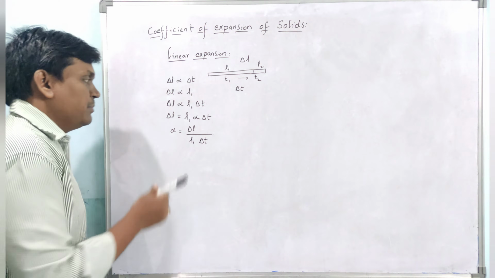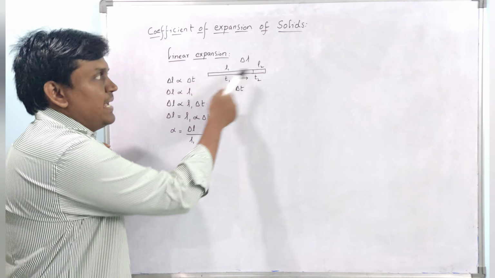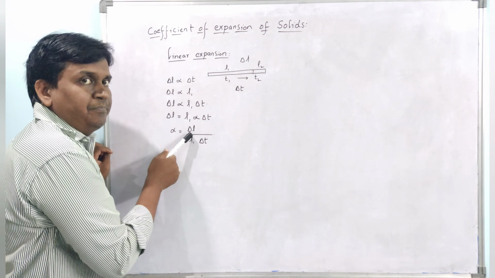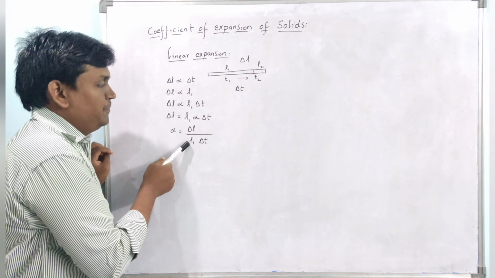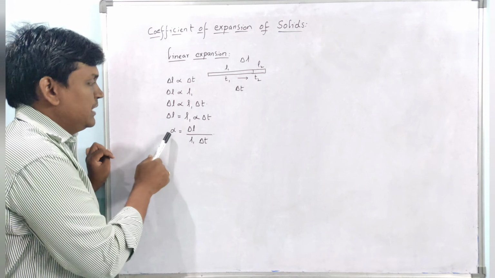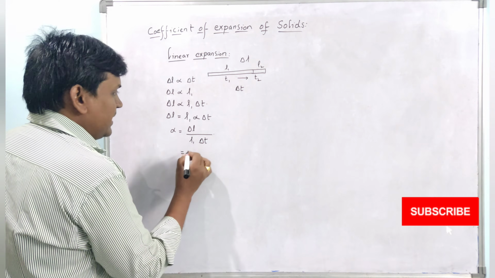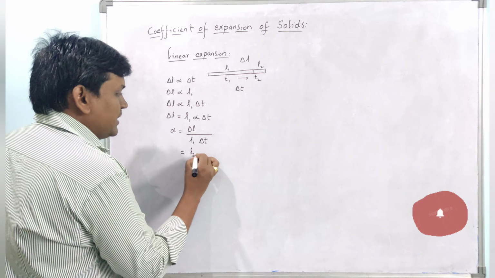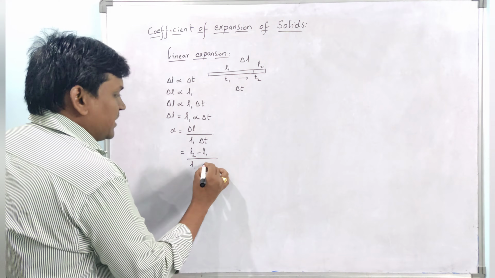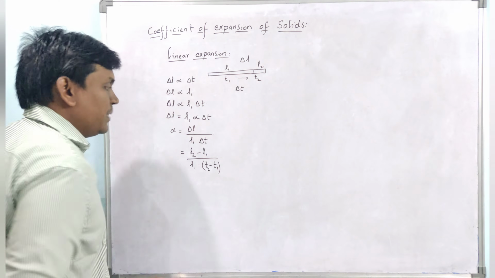So alpha is defined as the change in length of the solid per original length per change in temperature. This can be written as L2 minus L1 by L1 into T2 minus T1, since delta T is T2 minus T1.